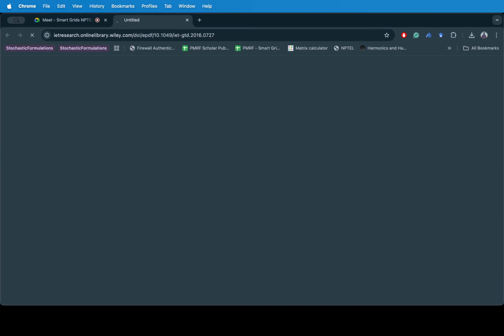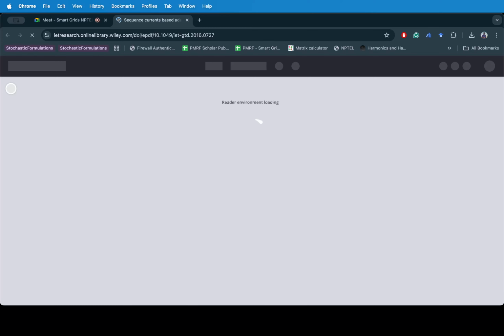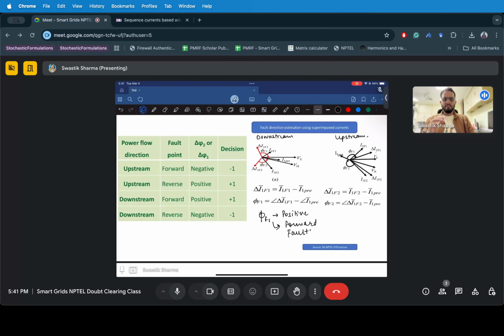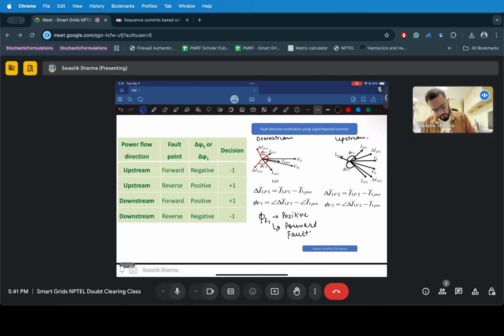So it's loading, just give me a second. So I told you if phi f1 is positive, right? If it's lagging, it's downstream, and it should be negative. Something is wrong, let me check.